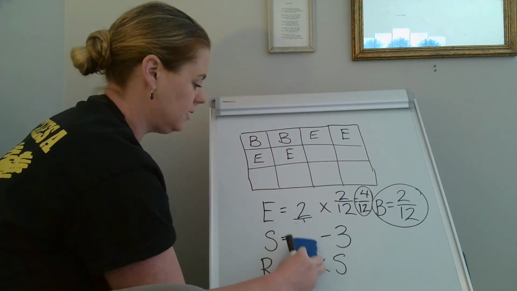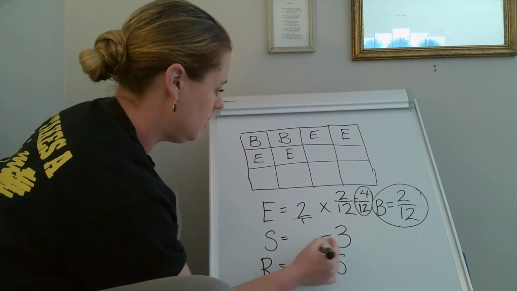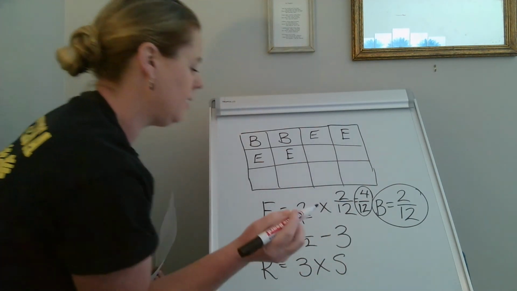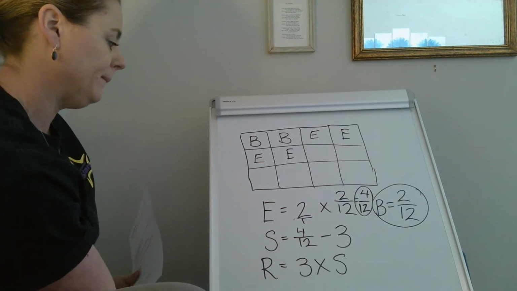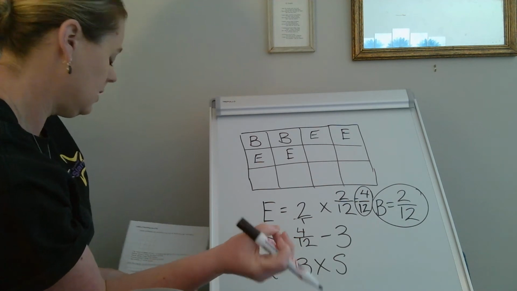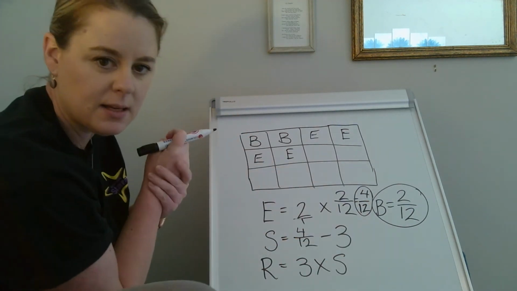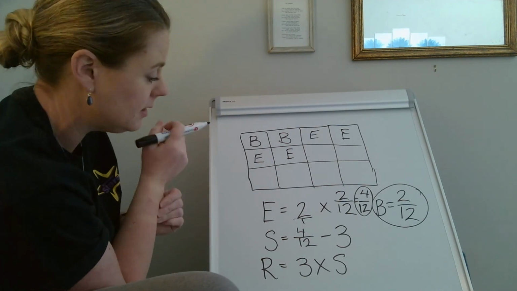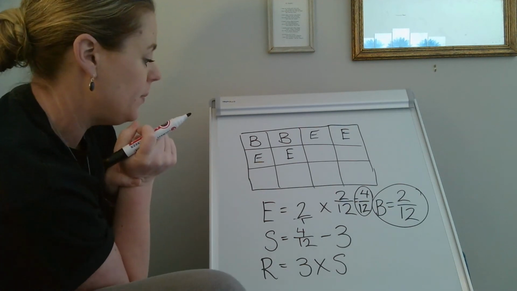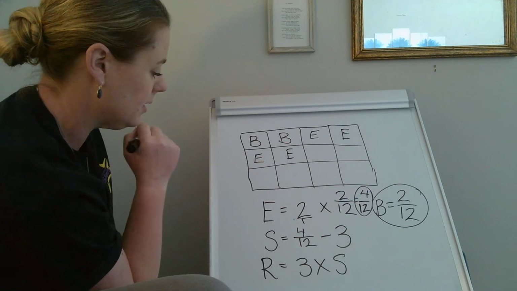So we're going to erase this and put in 4/12. Okay, 4/12. Now this is going to be a little bit of teaching just because my classes didn't do a whole lot of addition and subtraction yet. But we can figure this out. So 4/12. Wait a second, that's not right though.